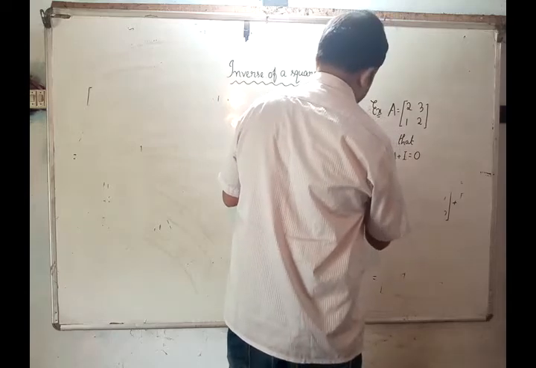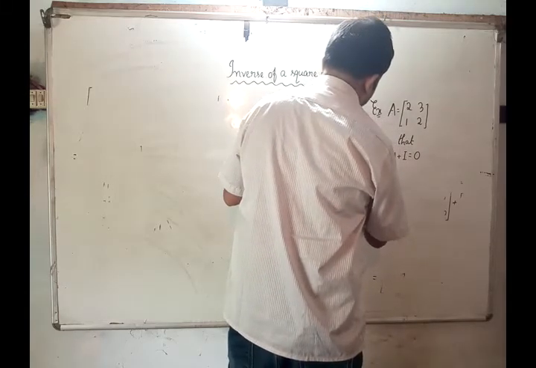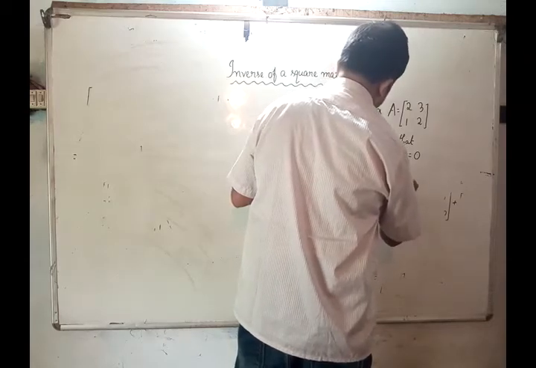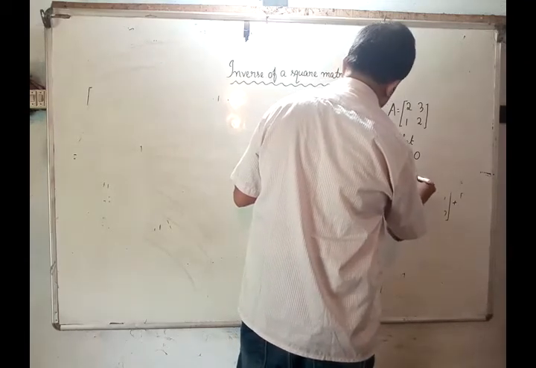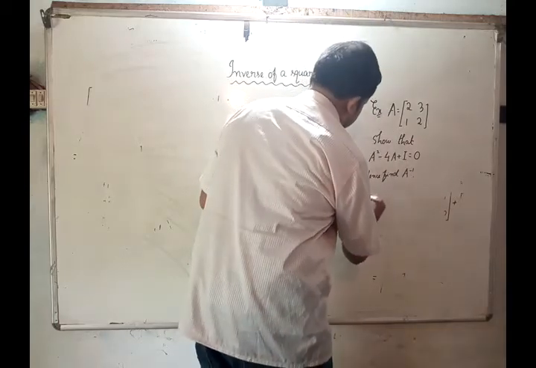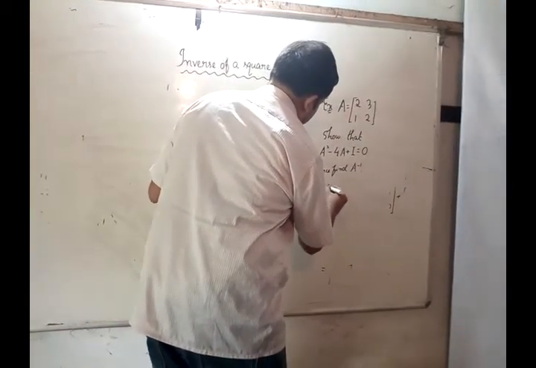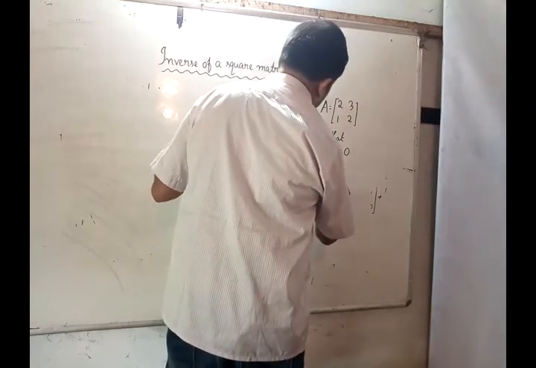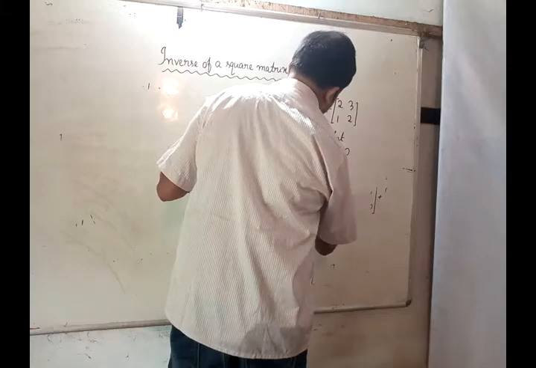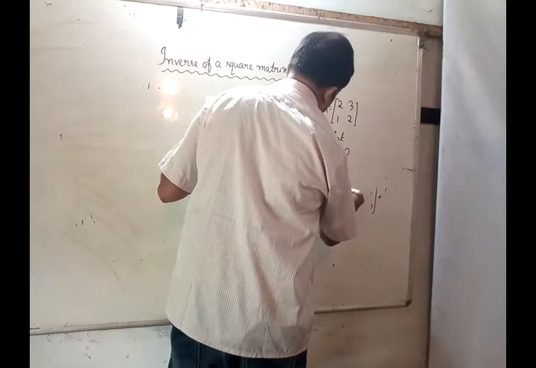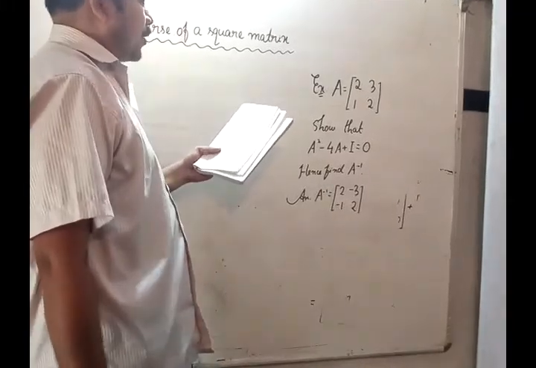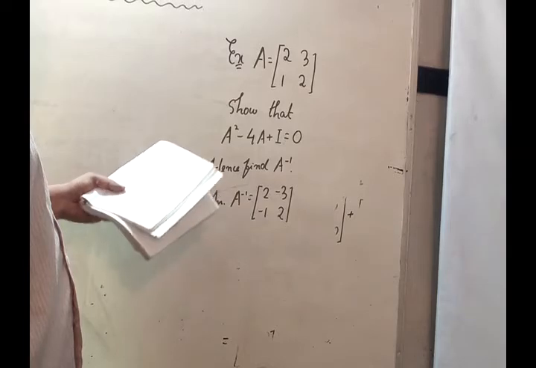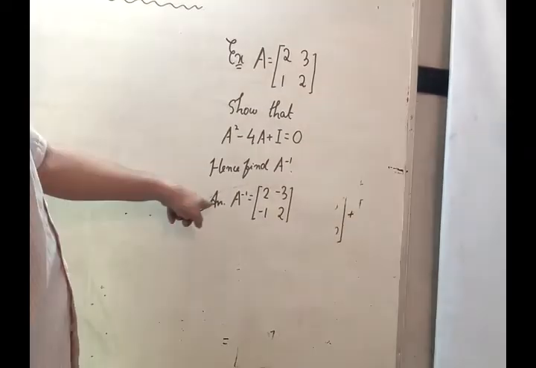Hence, find A inverse. The answer will be A inverse equal to 2, minus 3, minus 1, 2. A equal to the matrix 2, 3, 1, 2, so that A square minus 4A plus I equal to 0, and hence find A inverse. The inverse is 2, minus 3, minus 1, 2.